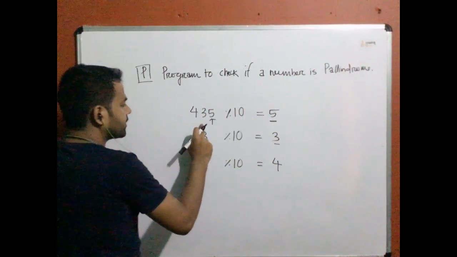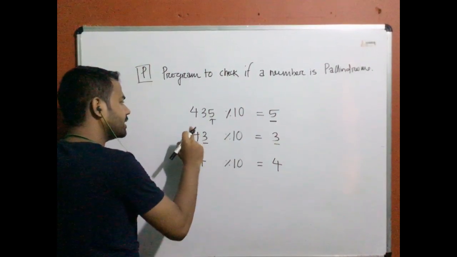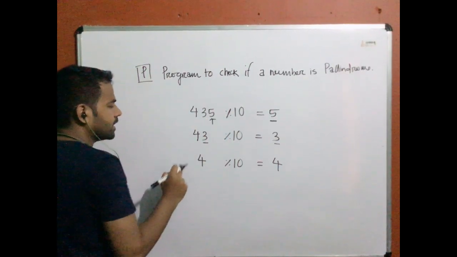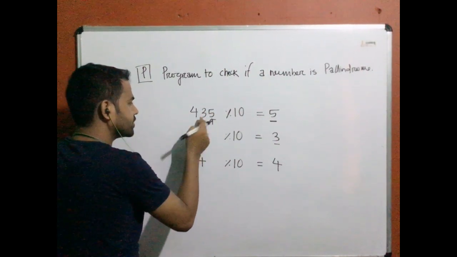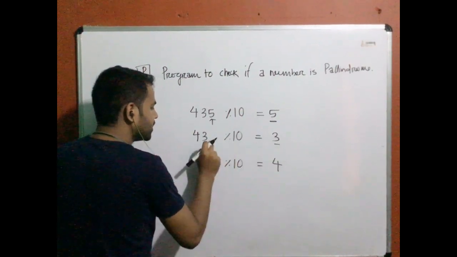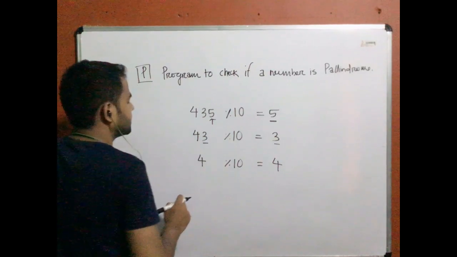Also observe that once I extract 5, I need to make 435 into 43. This means I need to remove 5 from this number, so that the number becomes 43. Again I'll perform the same operation to get the unit digit. So this is one concept.